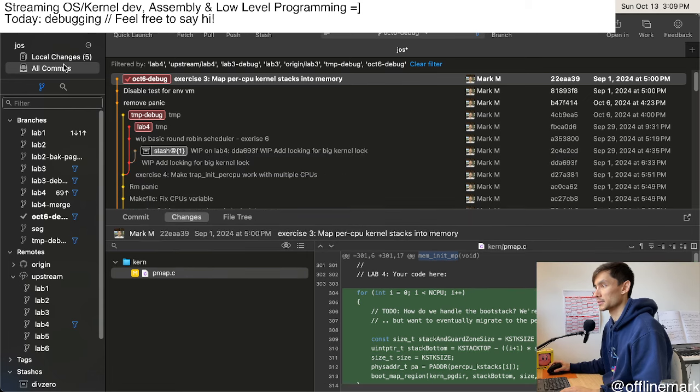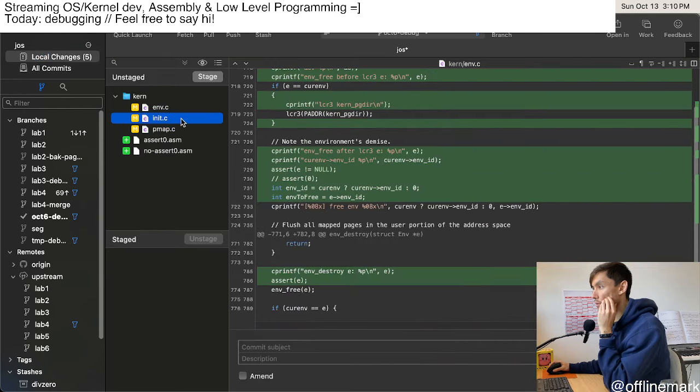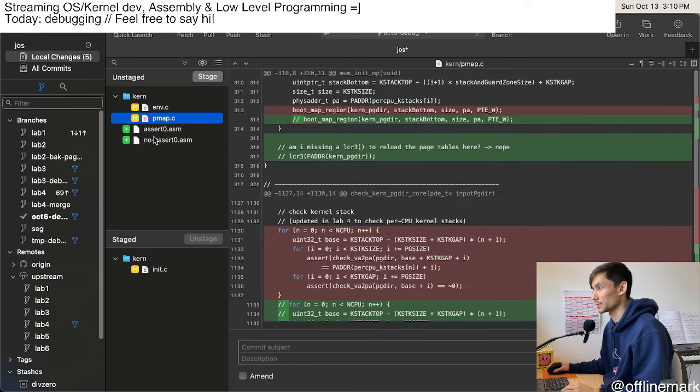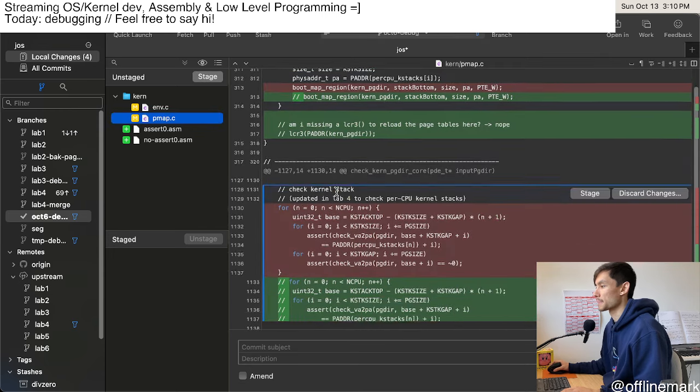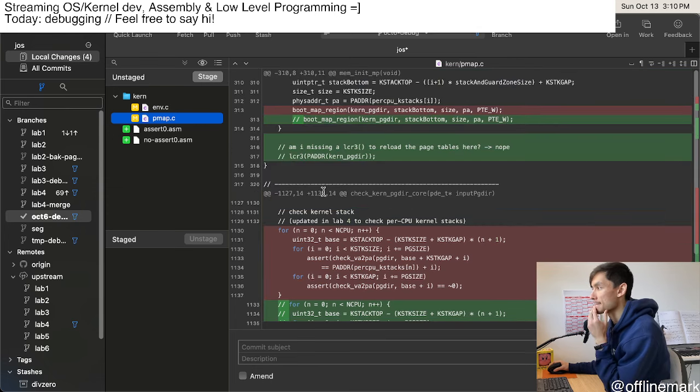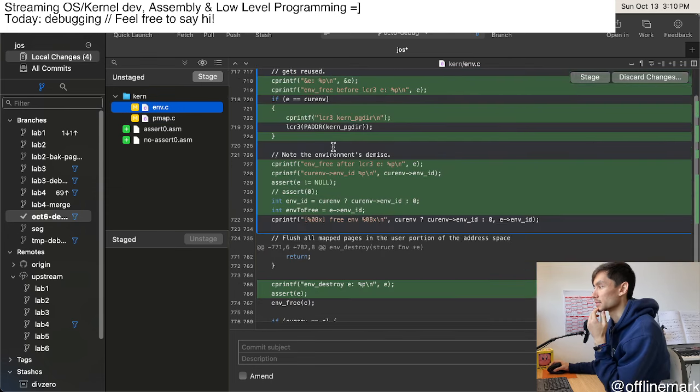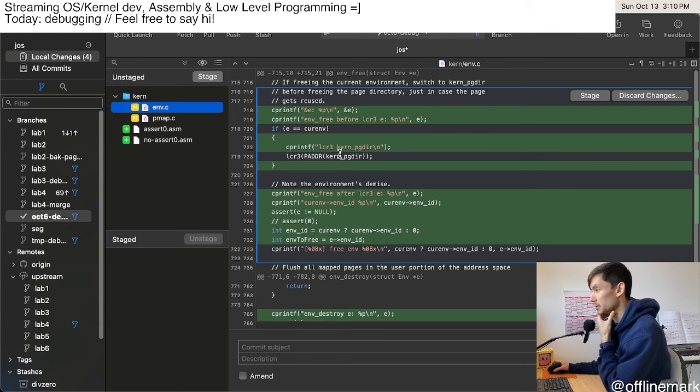But this is starting to get a bit messy. So I'm going to commit some of this stuff. I'm going to commit this as a temp. Disable QEMU crash, simplify to not use scheduler. This is relevant for us, and this is just some debug.